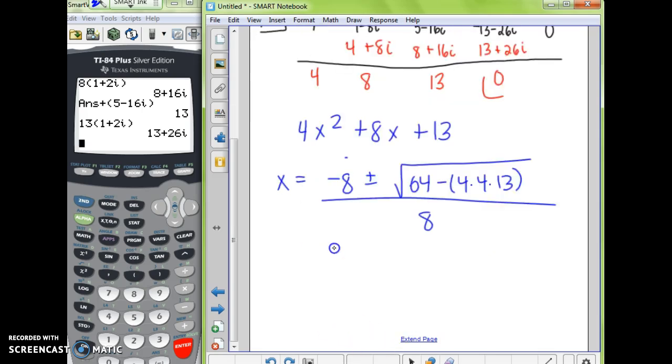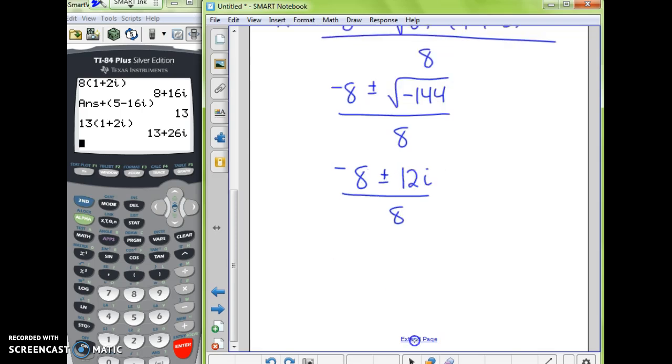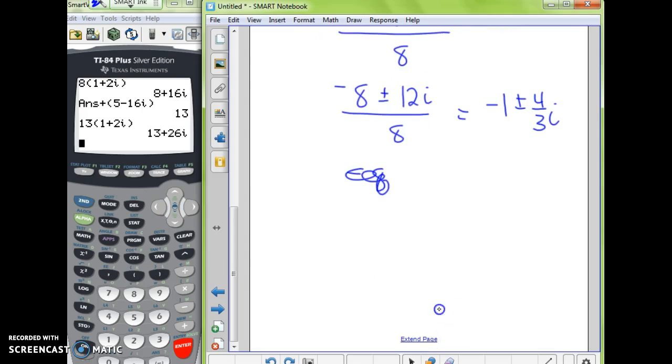So you're going to have negative 8 plus or minus radical negative 144 all over 8, negative 8 plus or minus 12i all over 8, negative 8, oh, sorry, I'm going to take that out, so that's going to turn into negative 1 plus or minus 4/3 i, which is exactly what we got with the other method that I did in the previous example.